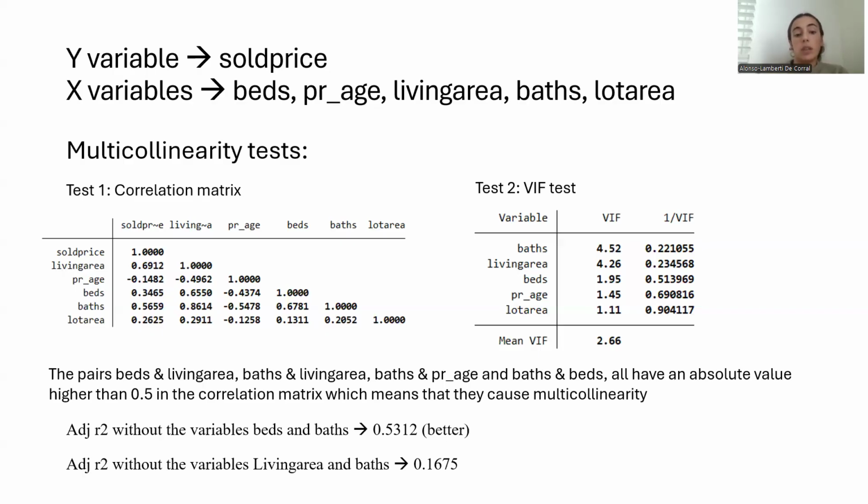So finally, we did not include baths and beds in our regression to fix multicollinearity. Then for the VIF test, none of the variables had a value higher than 5, so it was not a problem for us.